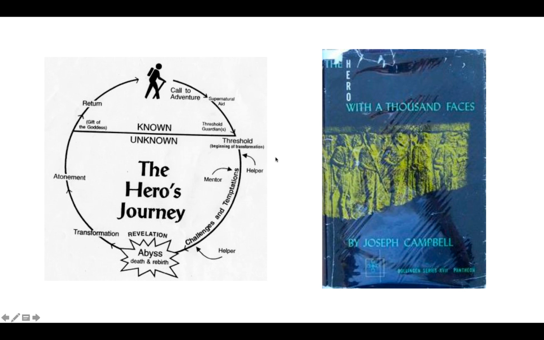He goes through challenges and temptations and quests and gets helpers on the quests. He goes through a death and rebirth thing. It may not be literal death, but it's something, and he is transformed by that and atones for whatever he needs to atone for, and then returns finally to being who he truly is, or she.